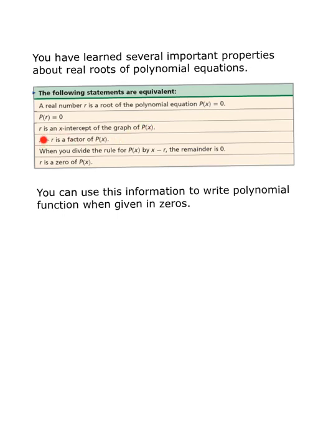It also means that x minus r is a factor of p of x. And when you divide the rule for p of x by x minus r, the remainder is 0. And then r is a zero of p of x.